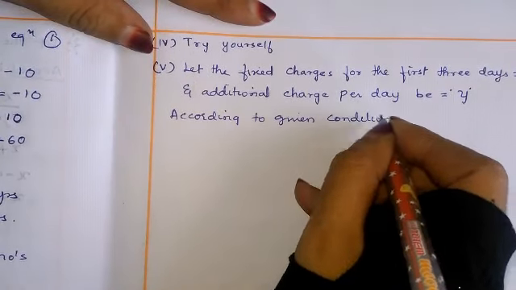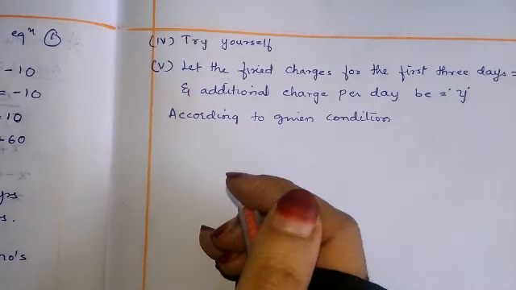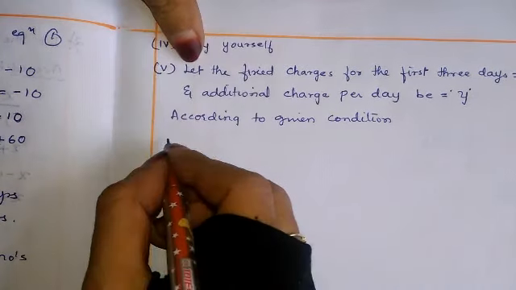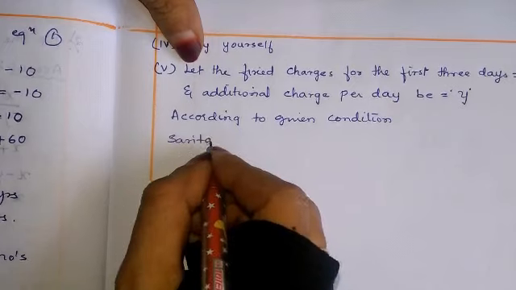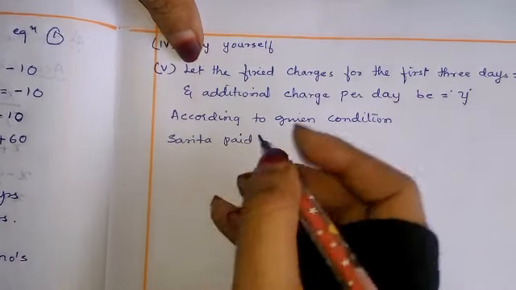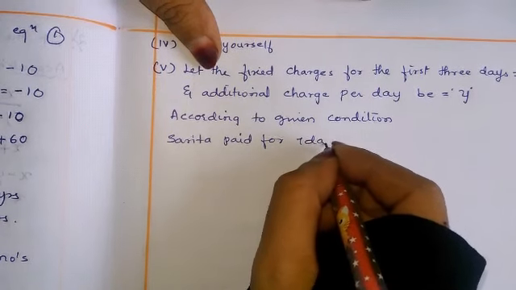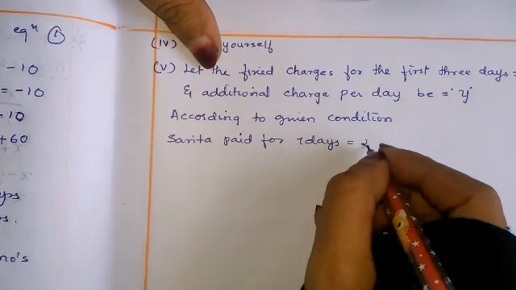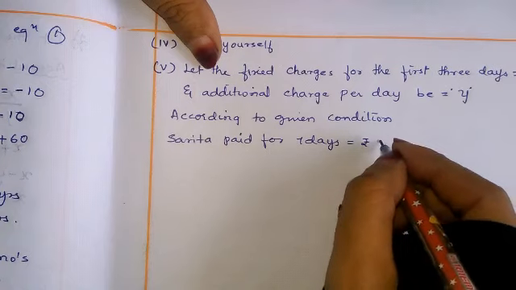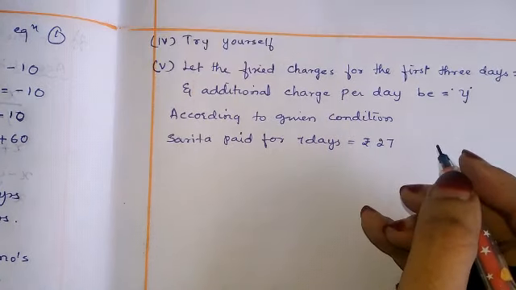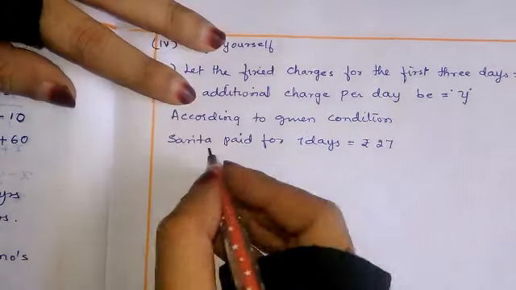According to the given condition, Sarita paid for 7 days rupees 27. They have told in the question; you can see in the textbook. 27 she paid. So how?